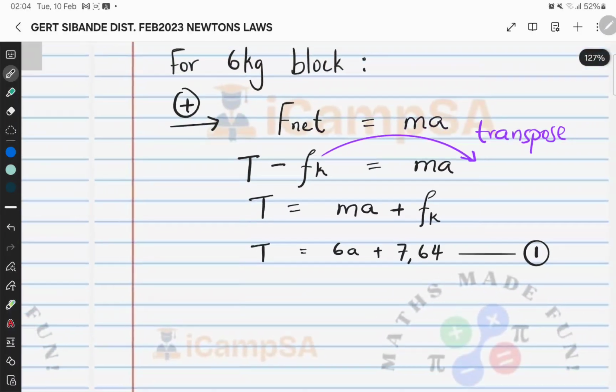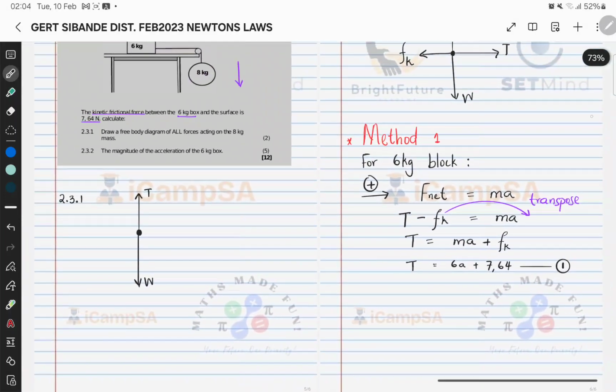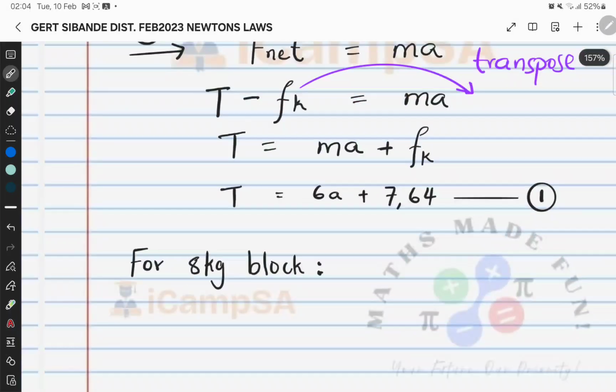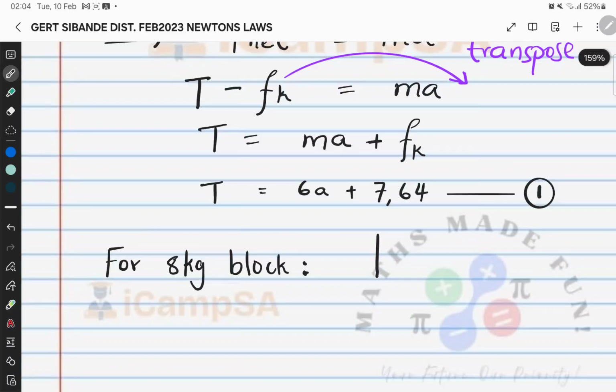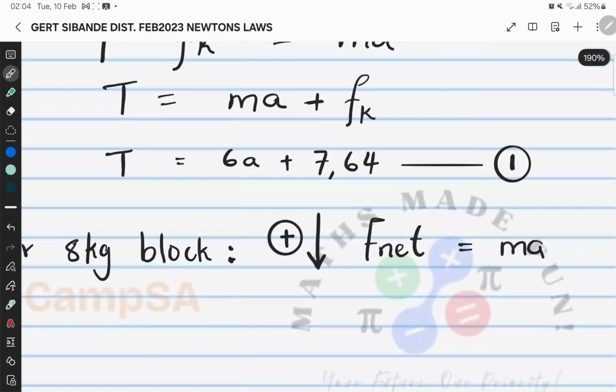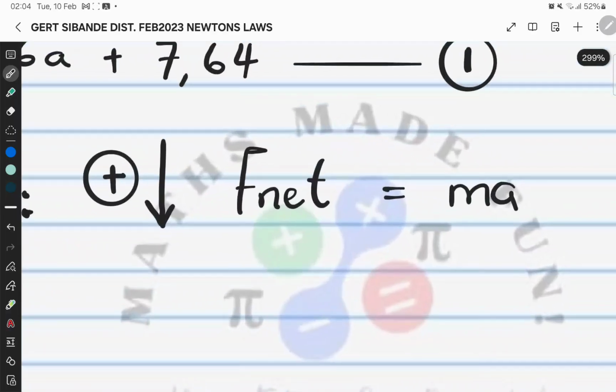Okay, so let's go to the 8 kilogram block. It's going downwards, so I'll just choose downwards as positive. Right, and I'll say Fnet is MA. From here, I know I have tension, which is upwards, and therefore it has to be negative, plus the weight, which is downwards, and therefore it's positive, MA.